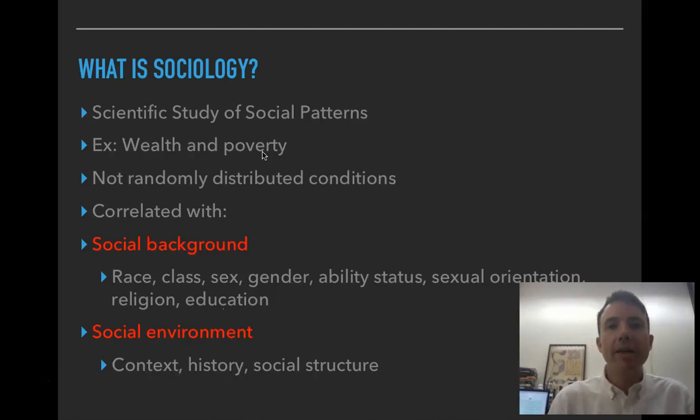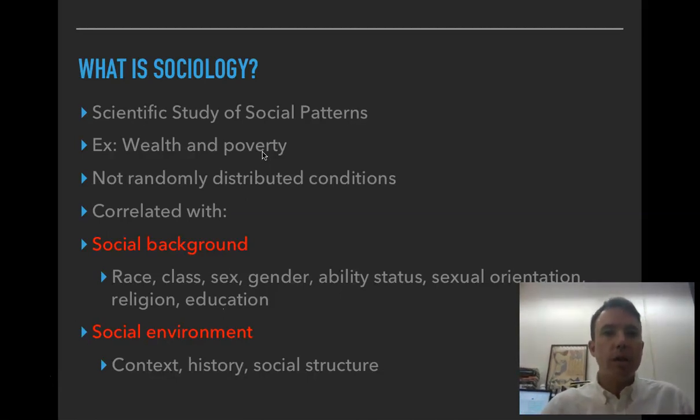Of course, poverty is technically defined as having an income below federal poverty guidelines, which, just to give you an idea, for 2017 was about $11,500 for an individual and about $24,500 annually for a family of four. So having a low income is what we're talking about here.